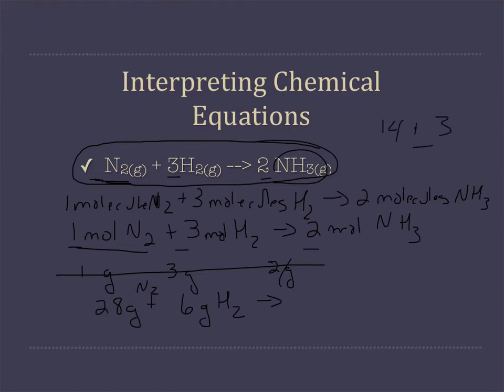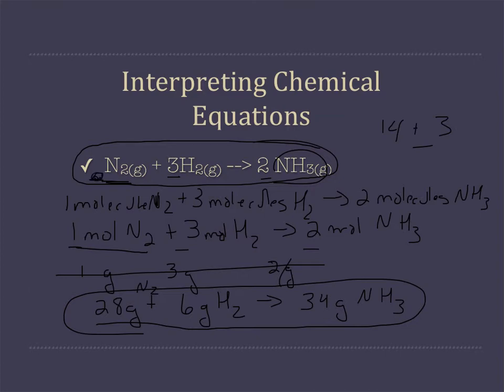So 2 times 17 is 34 grams. The important thing is that 28 plus 6 equals 34. That's the law of conservation of mass, so that's a good thing. So while the coefficients don't tell us directly what our grams are, we can use moles and figure out our grams based on the moles.